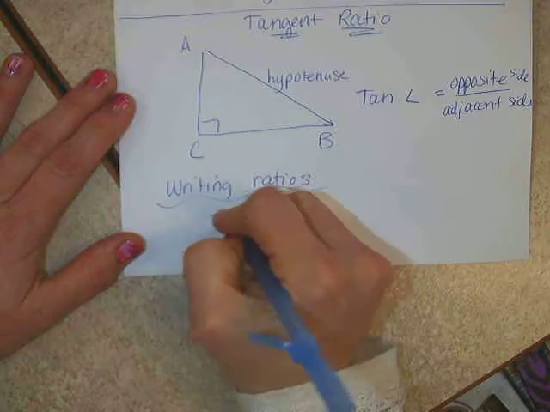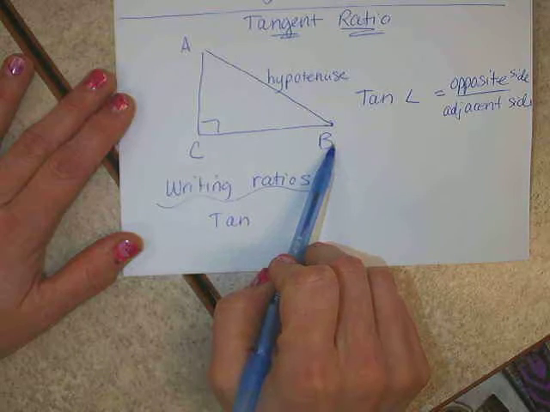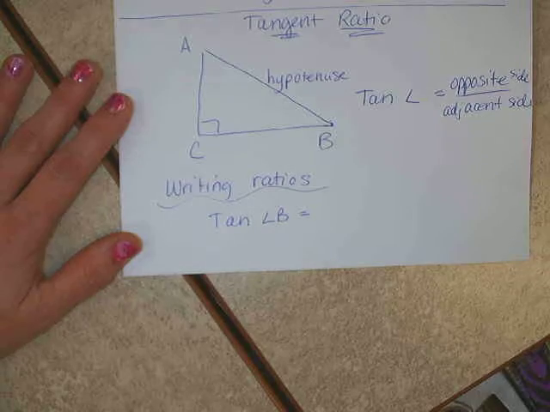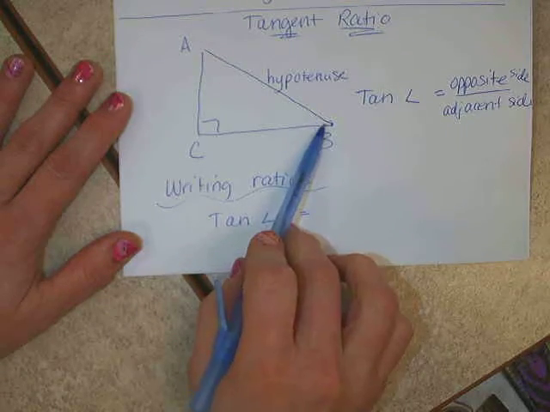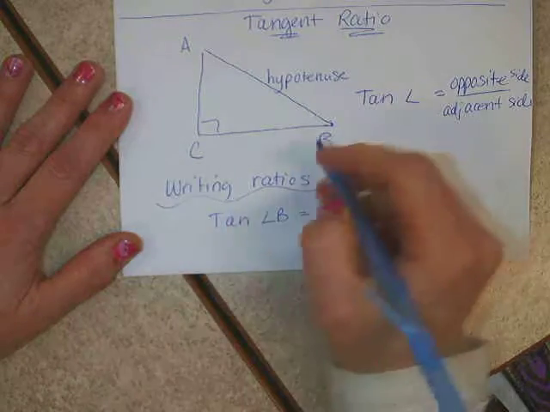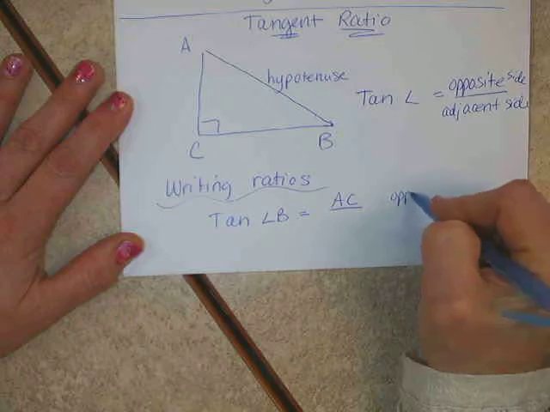But when we're writing ratios, if you're using angle B or discussing angle B, then the opposite side to B would be AC. Okay?